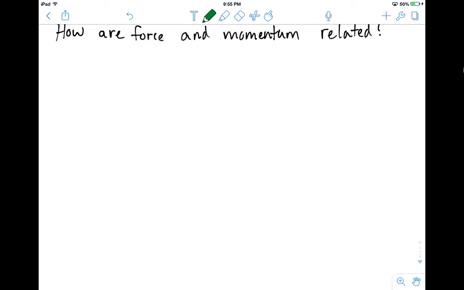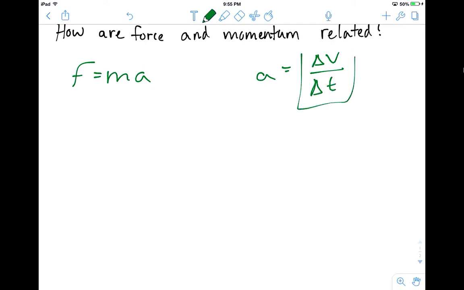I know that force is equal to mass times acceleration. I also know that acceleration is equal to change in velocity over change in time. So I can take this quantity and plug it in for acceleration.